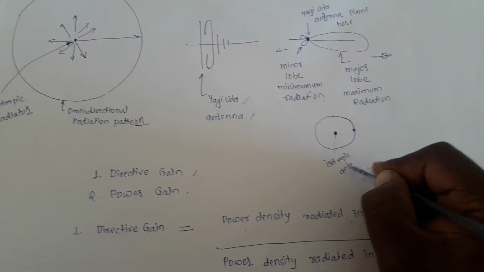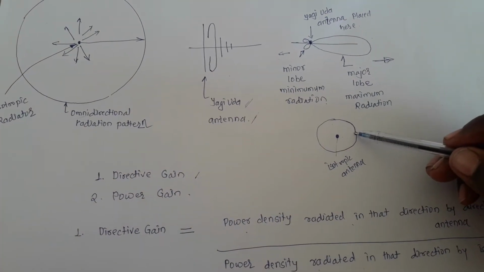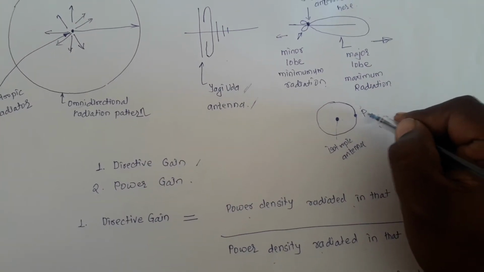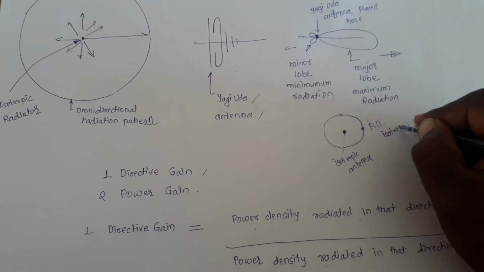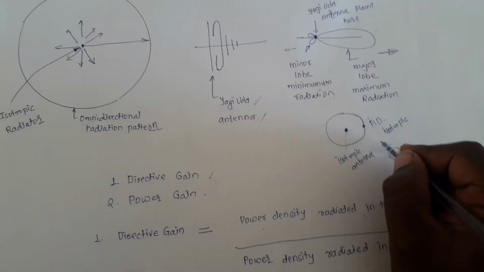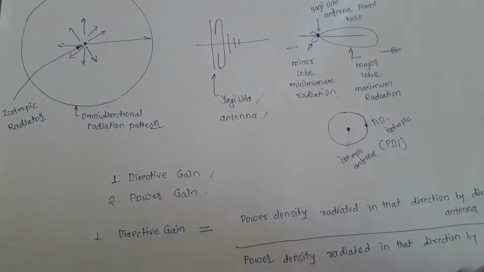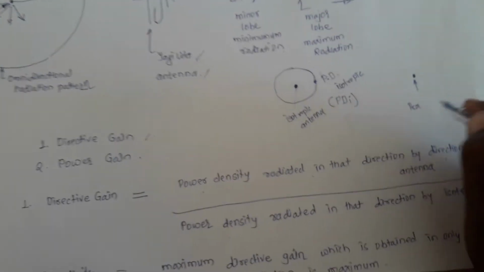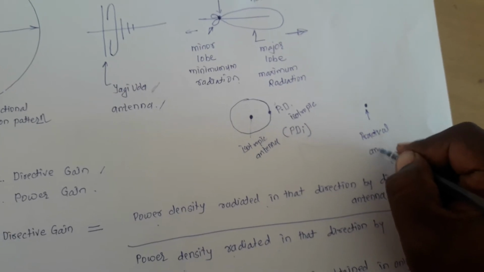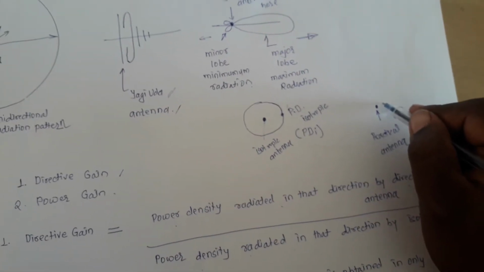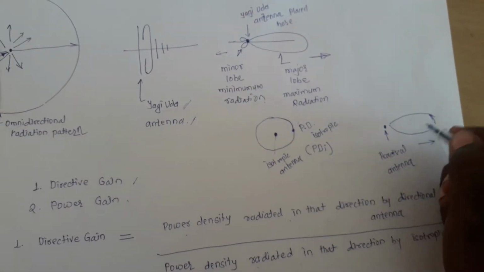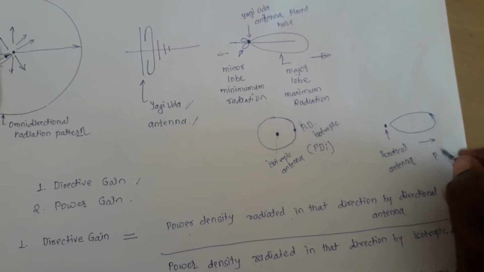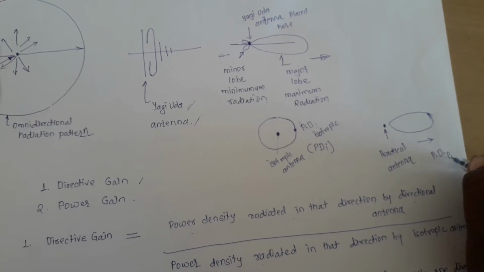Whatever the power density transmitted by this isotropic antenna, I will call it the power density by isotropic antenna, in short PDI. Now suppose I am using a directional antenna, a practical antenna, which radiates maximum energy in this particular direction. Whatever power density is transmitted by this practical antenna, I will call it PDP or PR.